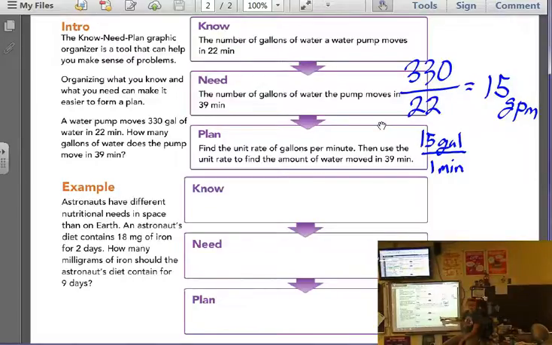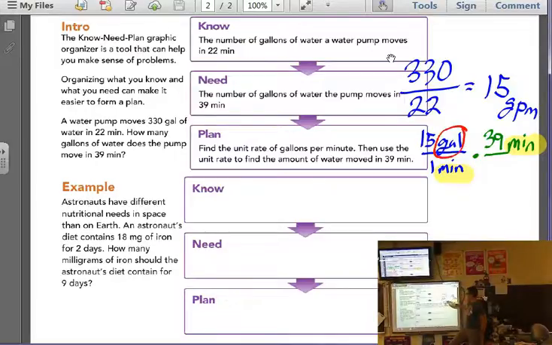I then want my answer to just be gallons. So I want to get rid of minutes, so I multiply by 39 minutes in the numerator. That will cancel the units. Minutes cancels with minutes, and my answer will just leave me with the units of gallons.